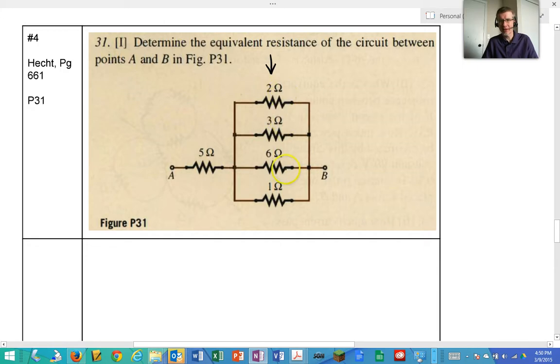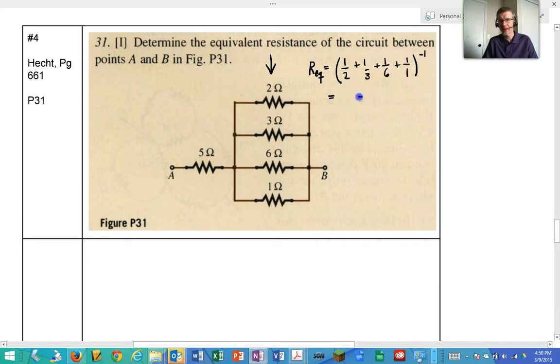These resistors are all in parallel. That means the equivalent resistance of that branch is 1/2 plus 1/3 plus 1/6 plus 1 over 1, all to the -1. So I think you'll see that 6 is the common denominator here.